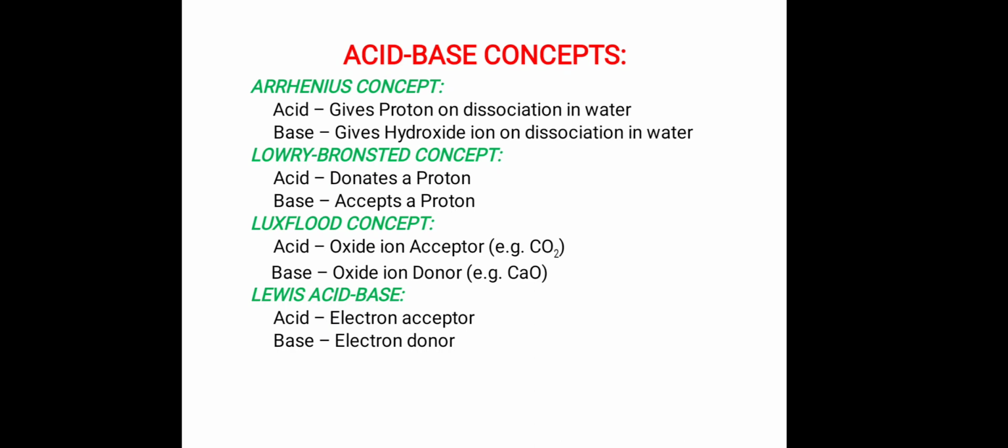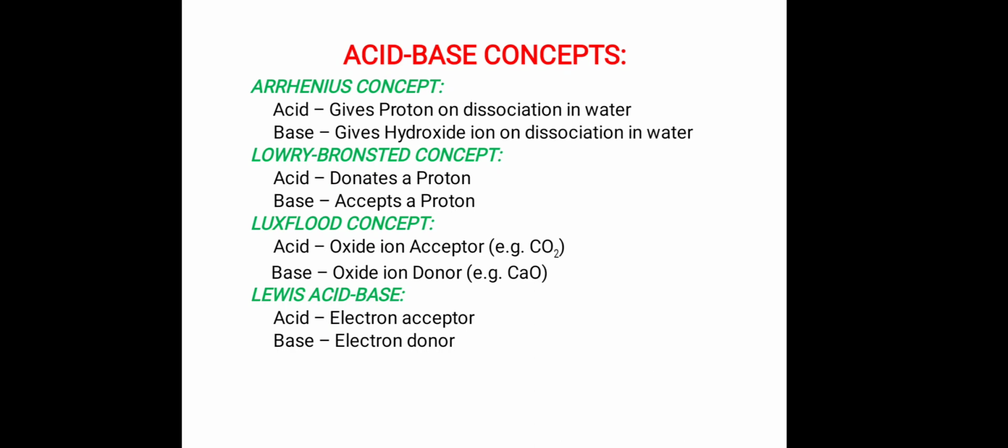According to his concept, an acid is any hydrogen containing compound which gives H plus ion in aqueous solution, and a base gives OH minus ion in aqueous solution. So simply, an acid gives a proton on dissociation in water, and a base gives a hydroxide ion on dissociation in water.